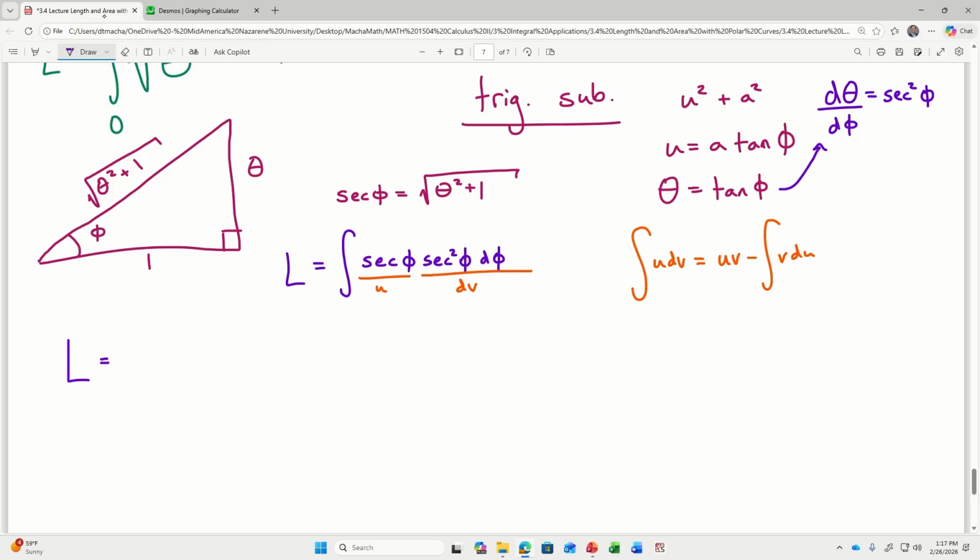So, du is going to be secant phi tangent phi d phi, and v is going to be tangent of phi.